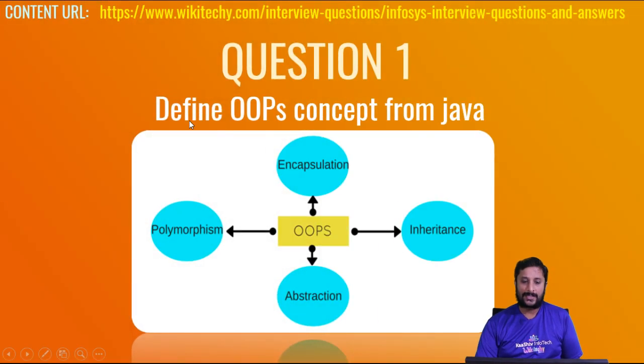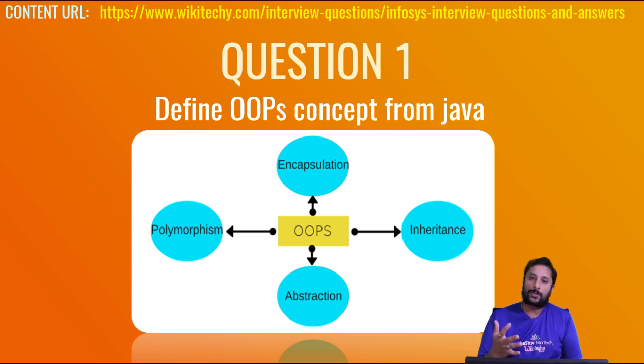The first question is, define OOPS concepts from Java. Java is one of the major languages used in application development, and it's a single language which can be executed in multiple environments, with cross-platform compatibility. They're asking a simple question: what are the OOPS concepts available in Java?